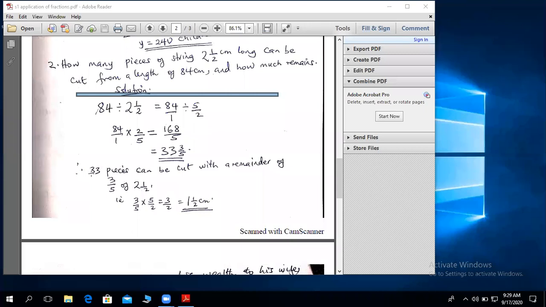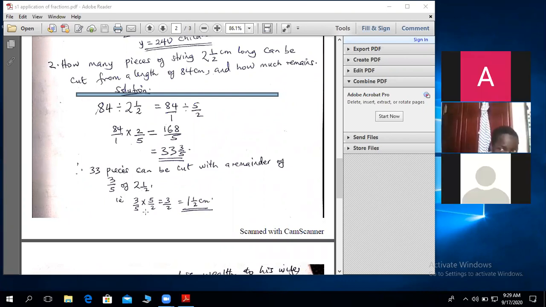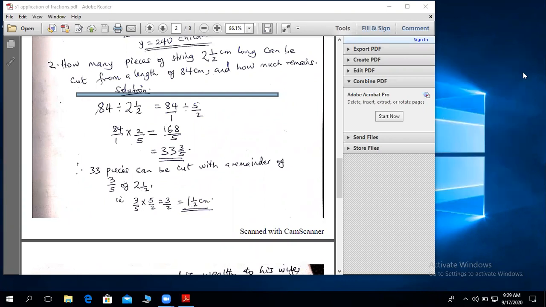So we are saying 33 pieces can be cut, with a remainder of 3 out of 5 of what I was dividing, which is 2 and a half. So it is 3 out of 5 times 5 out of 2, and the remainder is 3 out of 2.